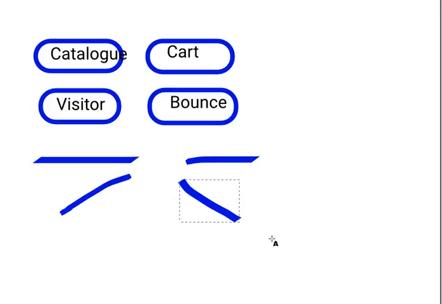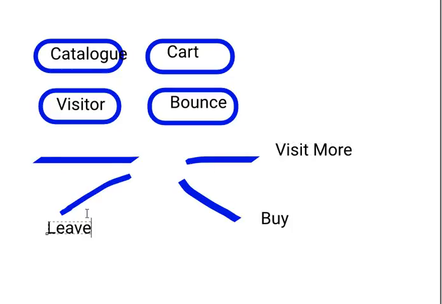So these are some of the options. They're going to buy here, they're going to visit more here, and they're going to leave here, and then this is the user, and then here we have the actual website itself. So I'll just say site. So the user comes in, and we measure these statistics.